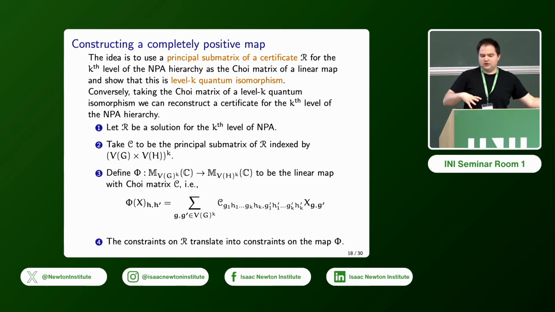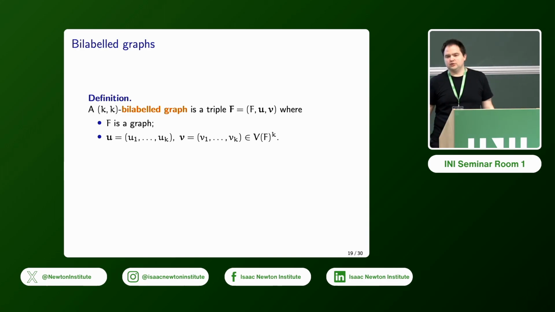The idea is to translate the conditions that we get from the NPA hierarchy on the certificate into conditions on the completely positive map. To that end, we use so-called bilabeled graphs, because we also need to translate it to graphs.